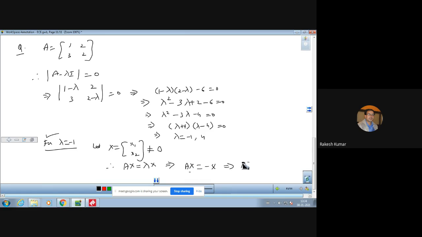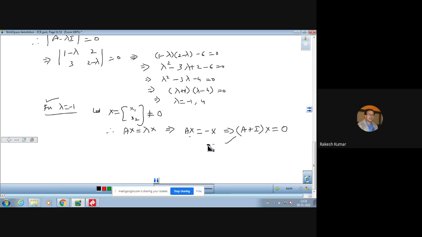This can be written as (A plus lambda I) into x is 0. Now the matrix A plus I is 2 2, 3 3, and x is x1, x2, equal to 0, 0.